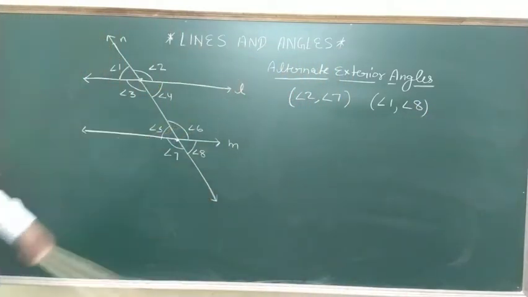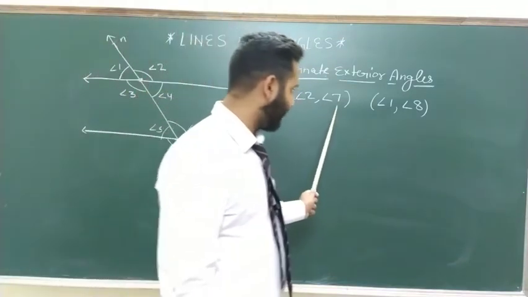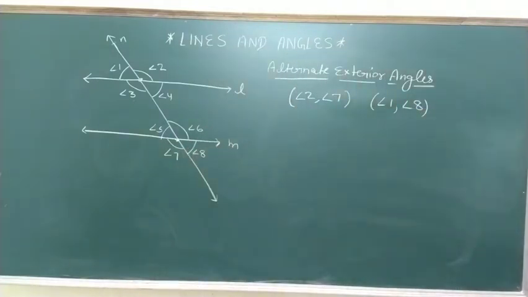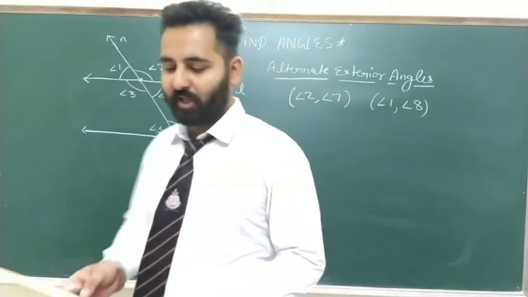Clear? These are the two pairs of alternate exterior angles. Means we can say angle 2 is equal to angle 7 and angle 1 is equal to angle 8. So till now we have discussed vertically opposite angles, alternate interior angles and alternate exterior angles.